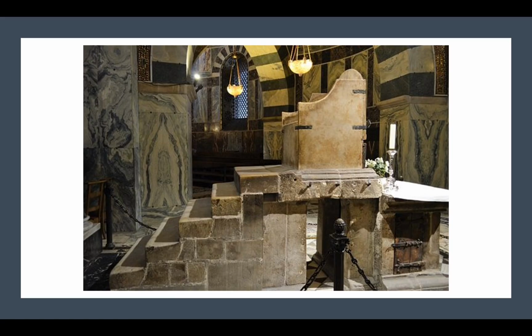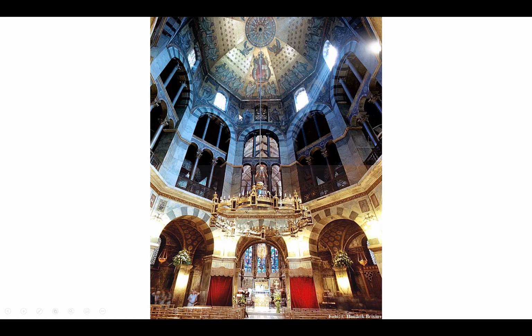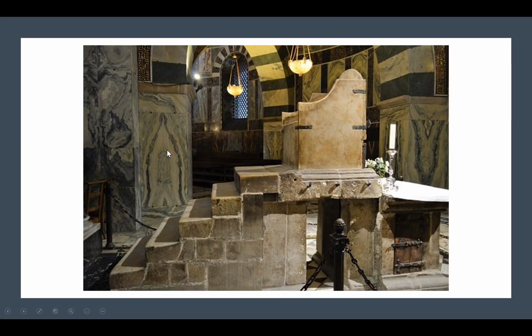This is the throne of Charlemagne, which is basically located over here in the second floor, and it's made out of marble. And here is where he attended the mass, as I said before. Good. So that's basically it.